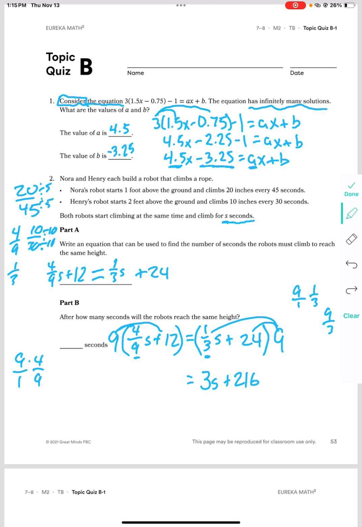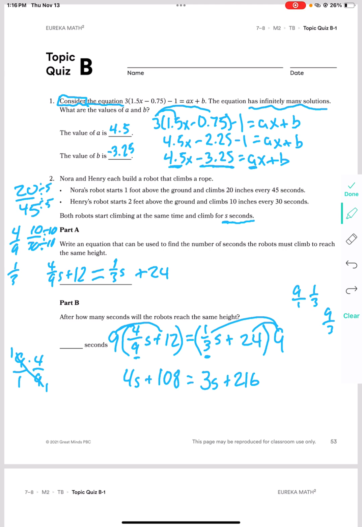Remember, and please remember this, this is how you get rid of a fraction if you need to break it down: if you multiply any fraction times its denominator, it will eliminate the denominator and leave you with the numerator. So basically on this side, when you do this multiplication, these cancel out, and it turns into 4. So over here you have 4S plus 9 times 12, which is 108.